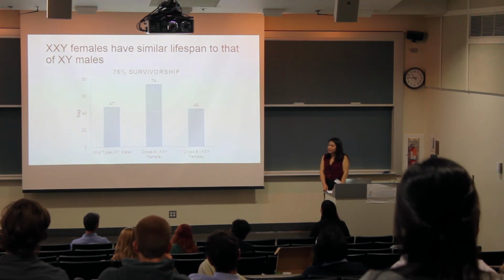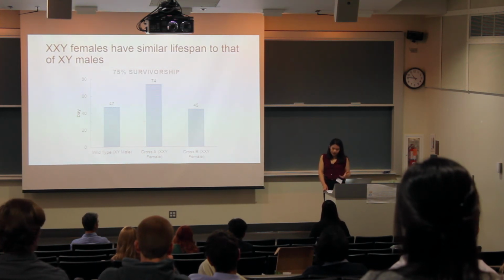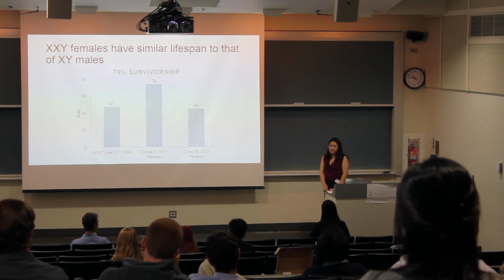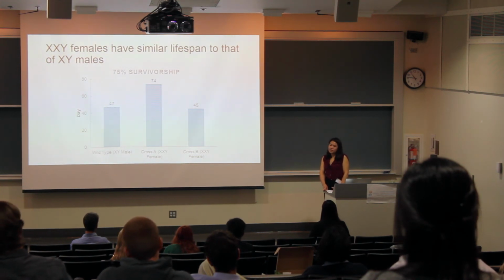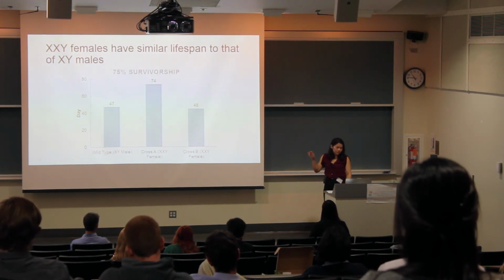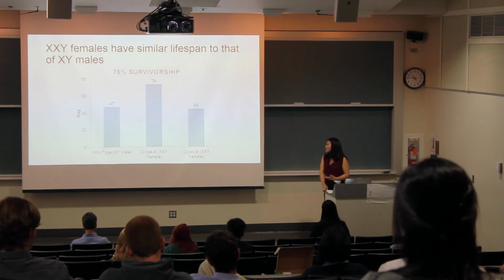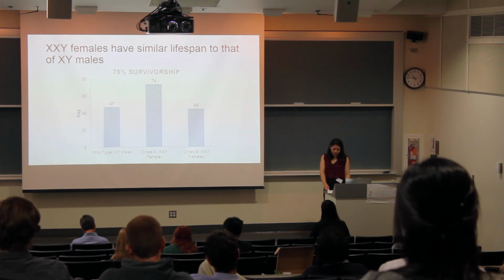The mutant 2549 males with attached XY chromosomes have a slightly different Y, which the cross A females inherit. The cross B XXY females, however, have the wild-type Y chromosome, and so I think that's my hypothesis for why cross B females have a similar lifespan to that of wild-type males versus the long lifespan for cross A females.